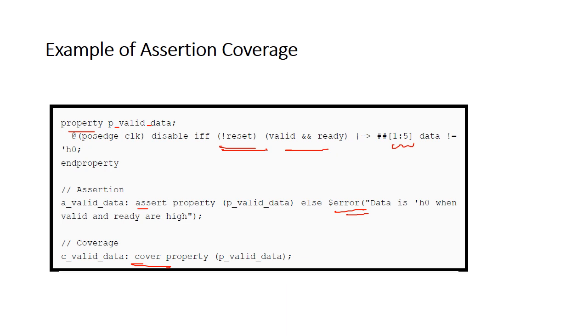So, this is a program example of assertion coverage. In this example you can find a property block, which defines a property p_valid_data. This is going to check that data is not equal to 0 within 1 to 5 clock cycles after valid and ready are high.